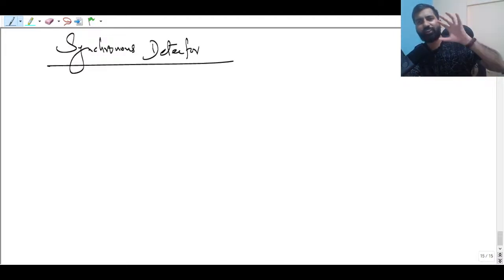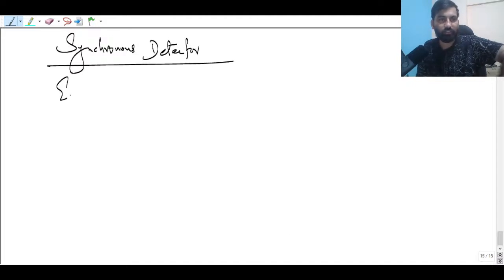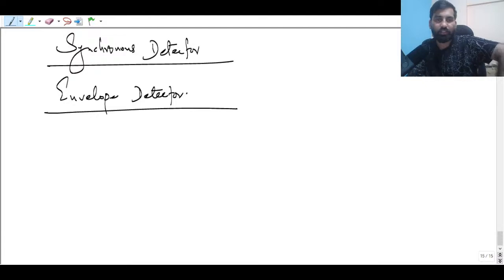Synchronous detector is very easy, the block diagram is very simple. And then we will talk about the envelope detector, questions come from the envelope detector too. We also call it the peak detector, okay.